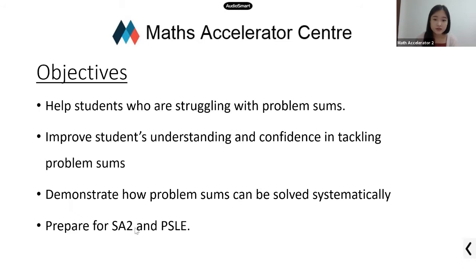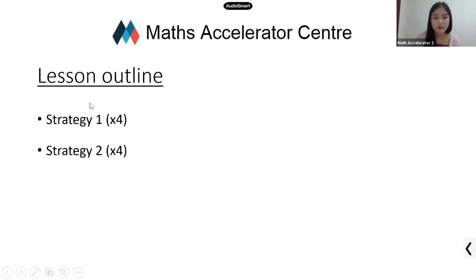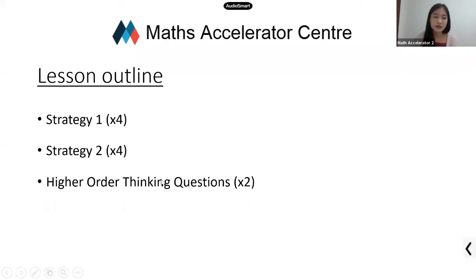And since SA2 is coming up in PSLE, we'd like to help you more with this. The lesson outline for all of these Zoom revision classes is 2 strategies, 4 questions each, and 2 higher order thinking questions at the end.